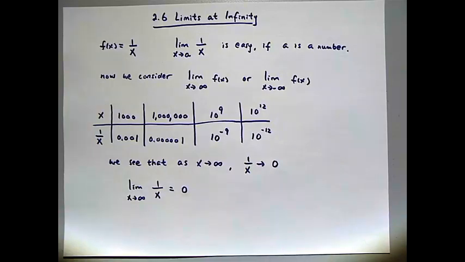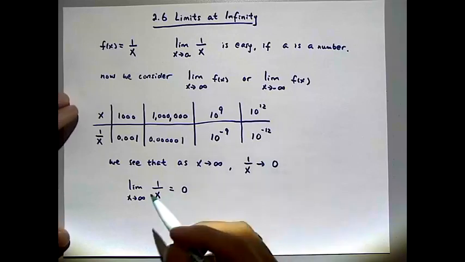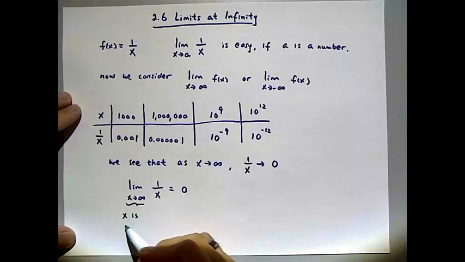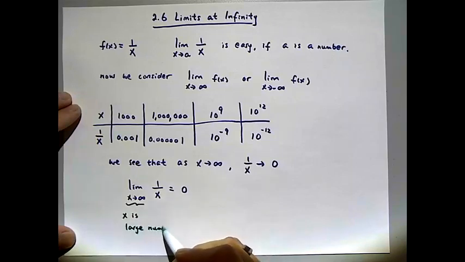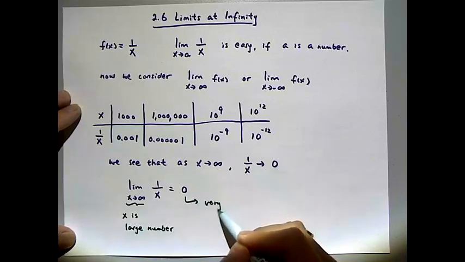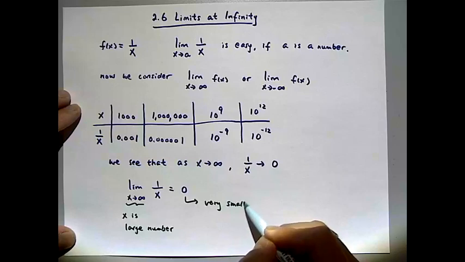Remember, when you talk about limits, these things are never exactly achieved. Even if the function could get there, that's irrelevant. The way you want to read this is x is a large number, and the way you want to interpret that 0 is a very small number.